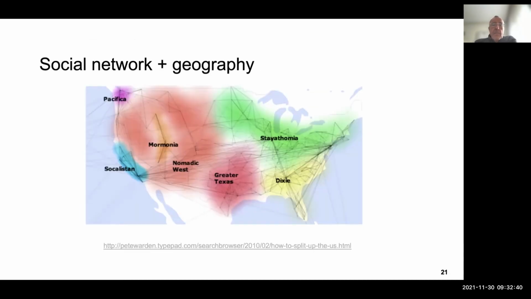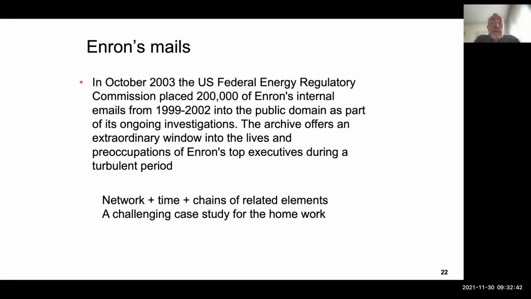And there is the Enron emails dataset that is a very huge dataset.